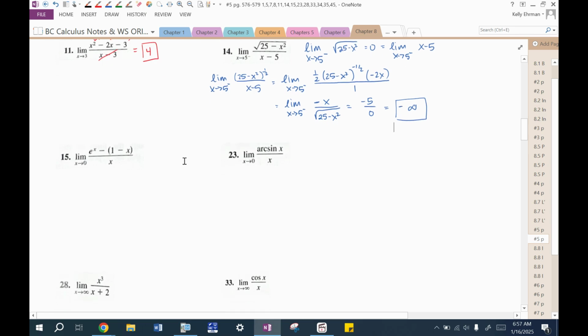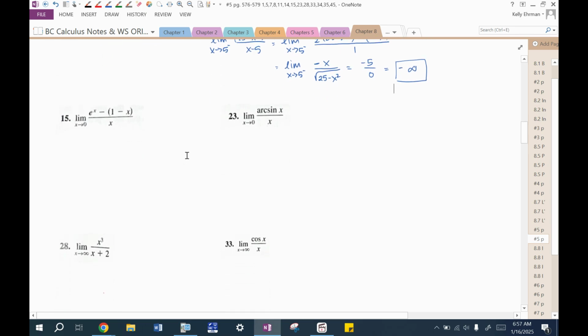All right, for this one, if I plug in 0, I get 1 minus 1 minus 0 over 0. So I'm going to use L'Hopital's. So first I want to show the limit as x approaches 0 of e to the x minus 1 minus x. That's equal to 0. 0 is also the limit as x approaches 0 of x.